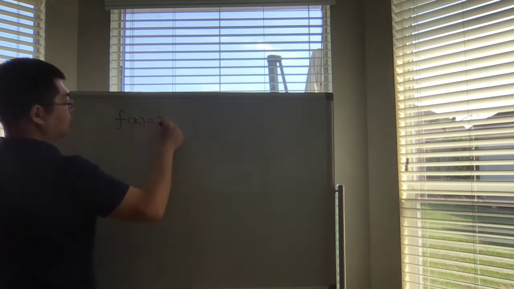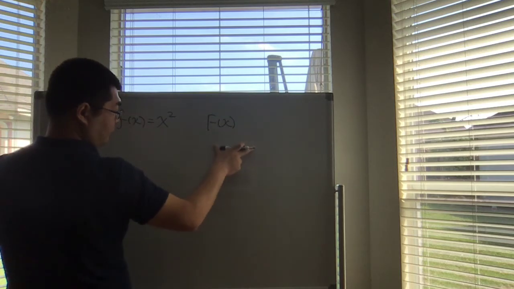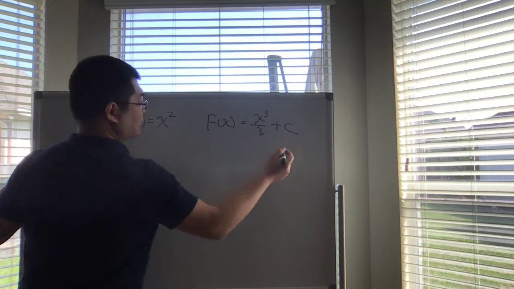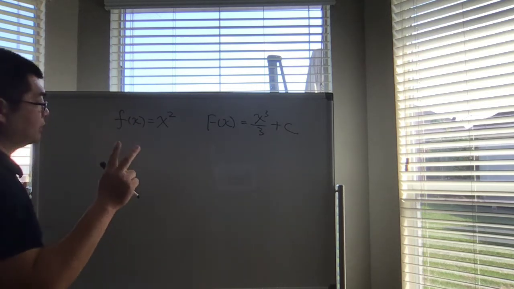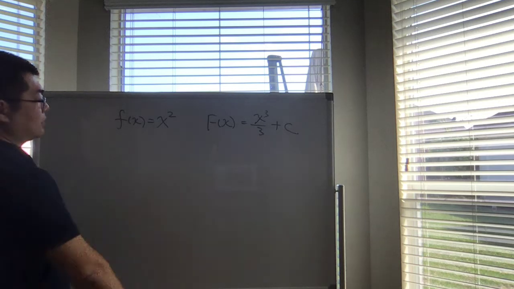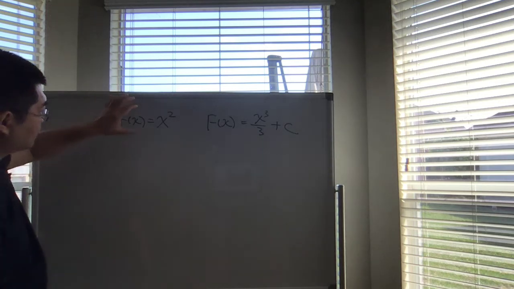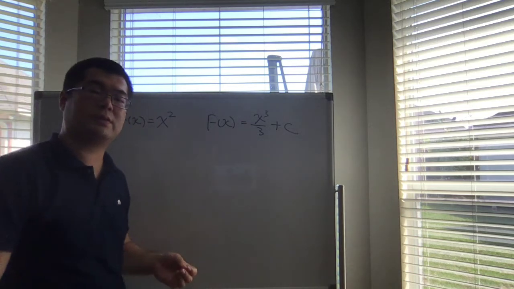Given f(x) equals x squared, trying to figure out its antiderivative, we know it's x cubed over 3 plus a constant, right? And I have at least two ways to describe this process. And remember that given this function, to find its antiderivative is called an integration process, right?